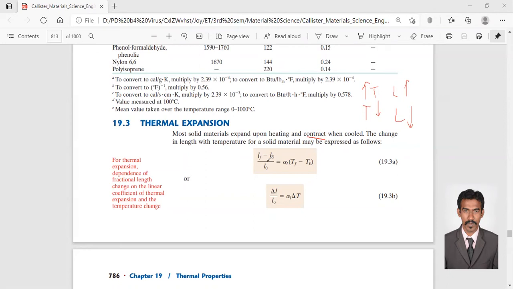Final length means you heat it, and after heating it, that will reach some temperature. So say for example, at T1 degree Celsius, this is L1, at T2 degree Celsius, this is L2.